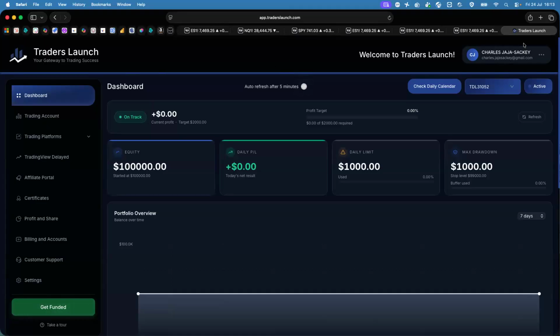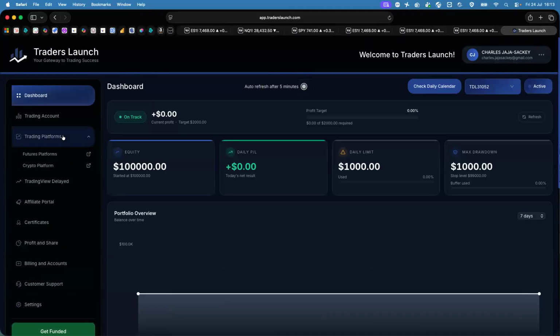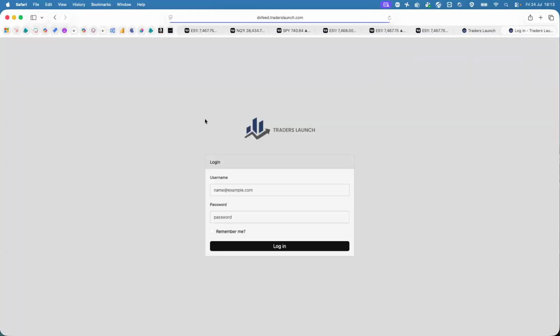It says Traders Launch, and then platform is, I think platform is here.